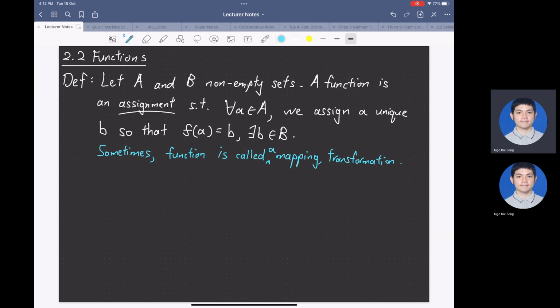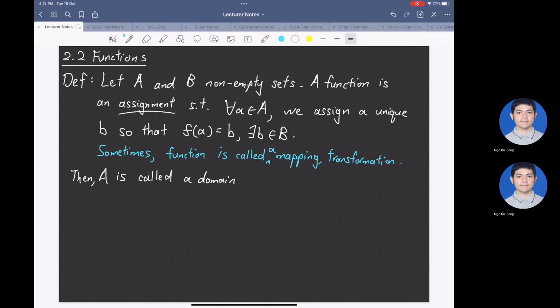Usually A is called the domain. B is called the codomain.